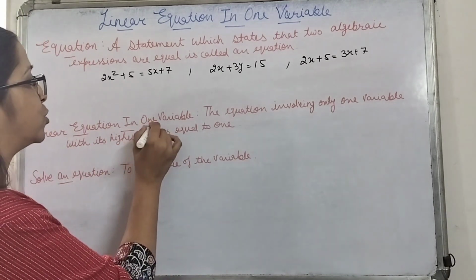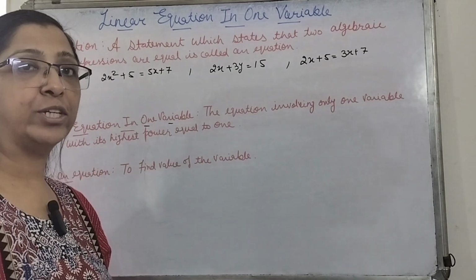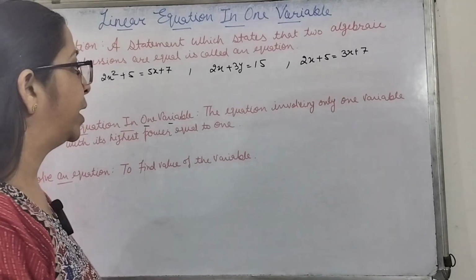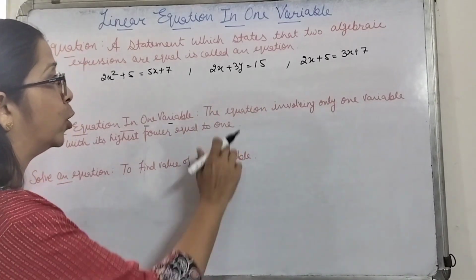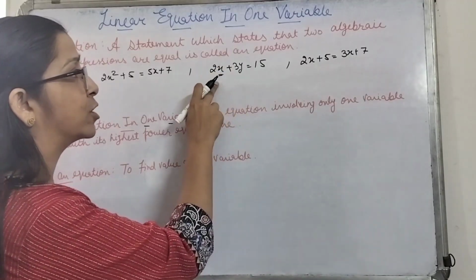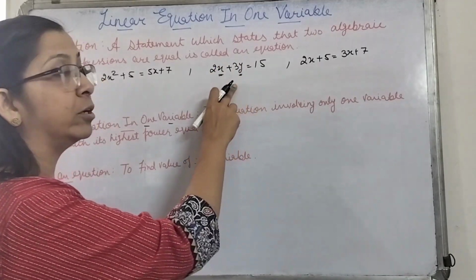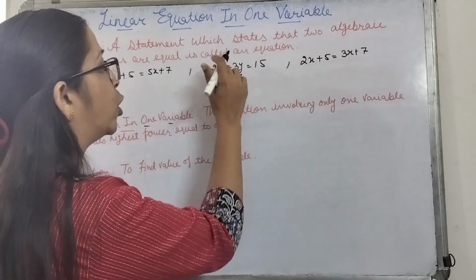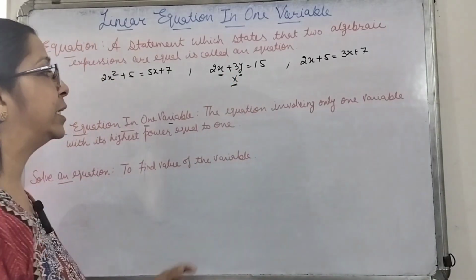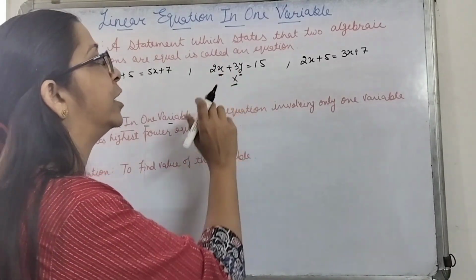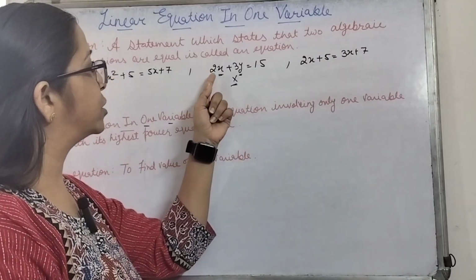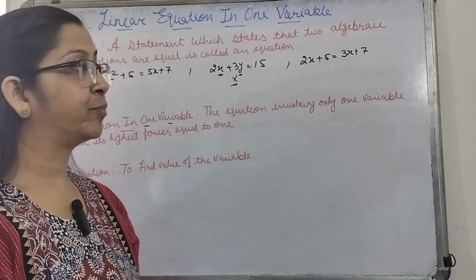As the name suggests, one variable, that means in the equation there will be only one variable. If we see the same example, over here we can see that one variable is x, another variable is y. So it is not an example of a linear equation in one variable, because in this equation there are two variables. One is x, another is y.